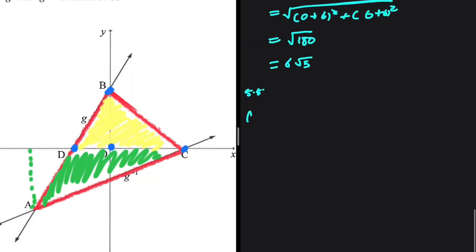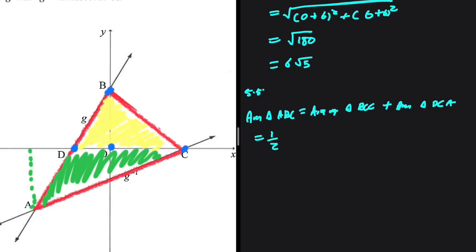So we can go ahead and say that the area of triangle ABC is equals to the area of triangle BDC plus the area of triangle DCA.